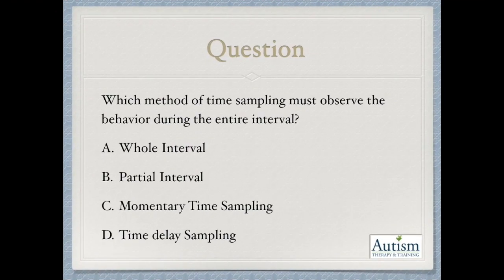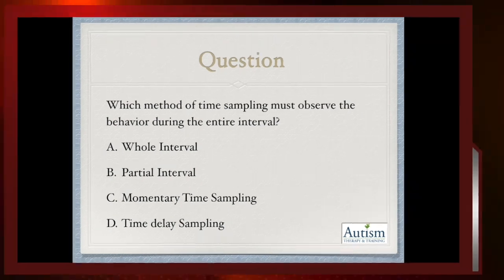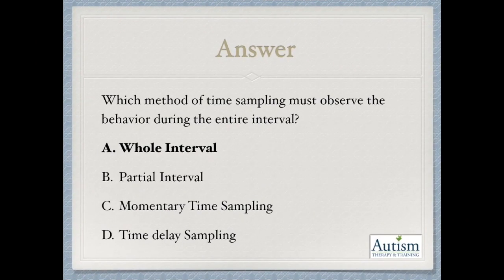Which method of time sampling must observe the behavior during the entire interval? Is it A, whole interval, B, partial interval, C, momentary time sampling, or D, time delay sampling? And the correct response is A, whole interval.